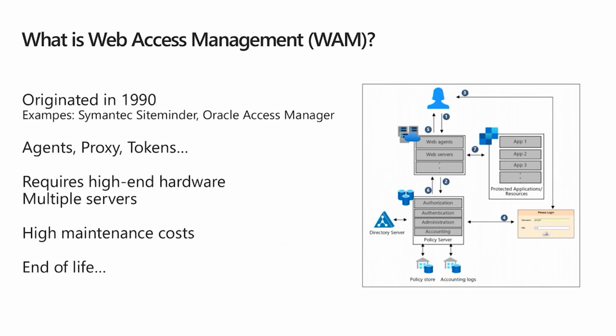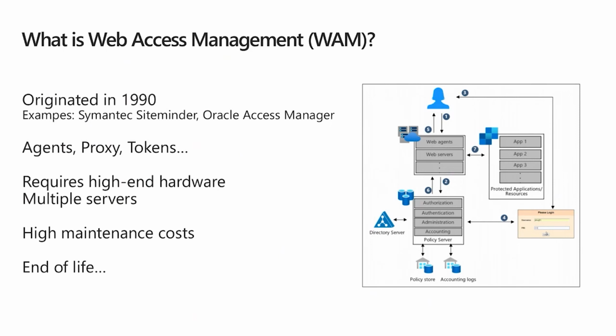Because back then, if you look into what we're talking about, Azure AD being the control plane in the middle, connecting everything, people were also looking for something like that. But with all the security measures that we have today, they weren't available back then. So web access management is what started in 1990, and some known examples are SiteMinder from Symantec, from Broadcom nowadays, and Oracle Access Manager.